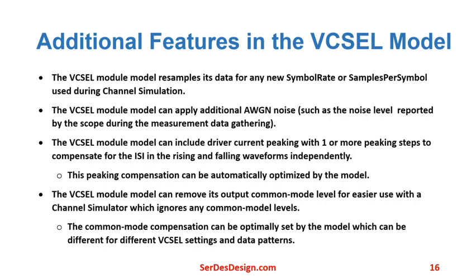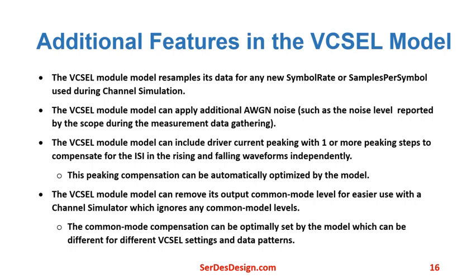There are additional features in the VCSEL module model from SerDesDesign.com, and some are listed here. The VCSEL module model resamples its data for any new symbol rate or samples per symbol used during channel simulation.